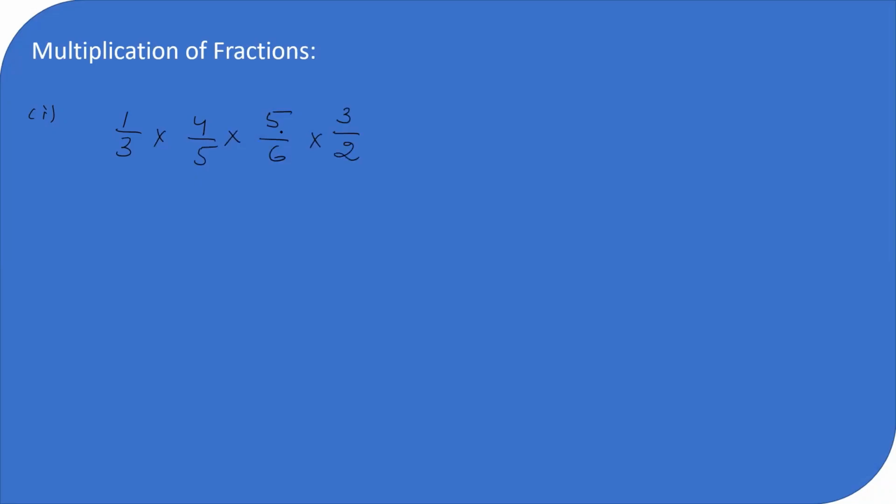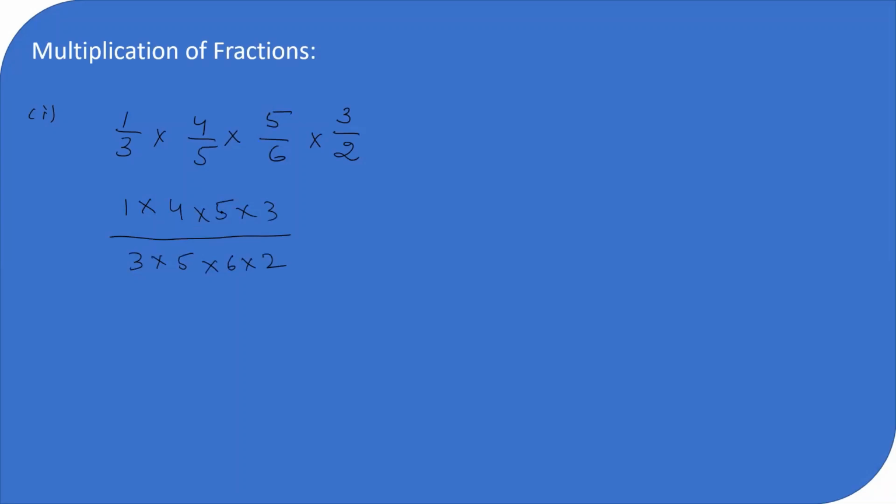So, these are the fractions. To multiply fractions, first multiply numerators 1 into 4 into 5 into 3 by 3 into 5 into 6 into 2.